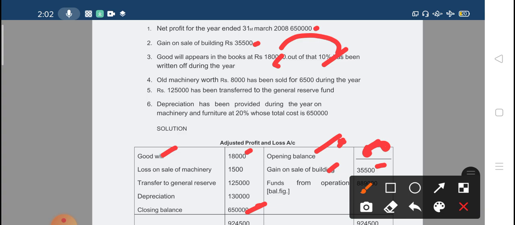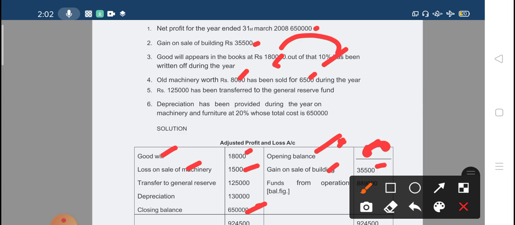Then old machinery worth rupees 8,000 has been sold for rupees 6,500. With that transaction the company has incurred a loss. So that is loss on sale of machinery, 1,500.